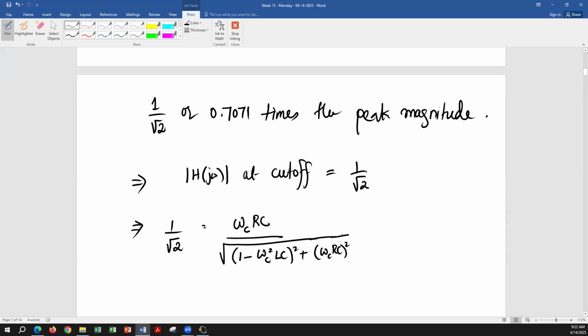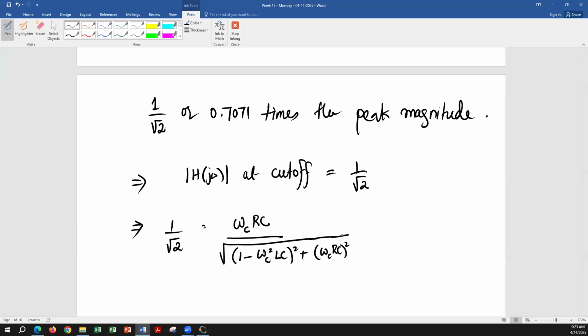All I did is, in the magnitude equation that we had last week, I equated that magnitude response with 1 over square root of 2, and instead of omega I put omega c, which is the cutoff frequency.